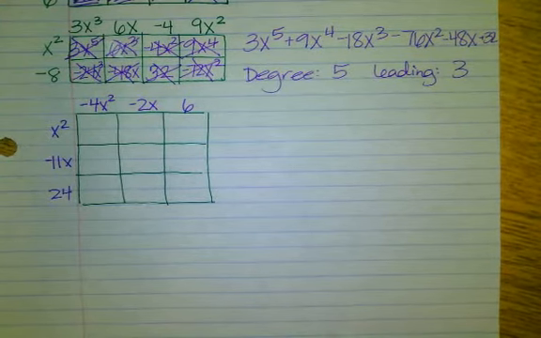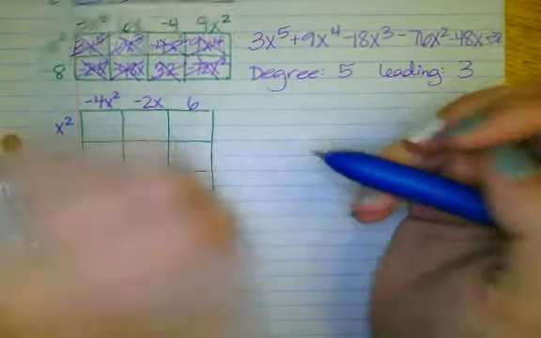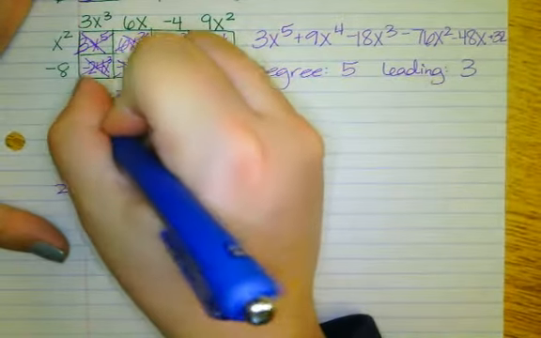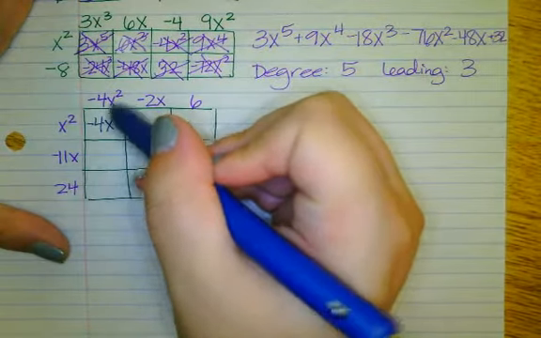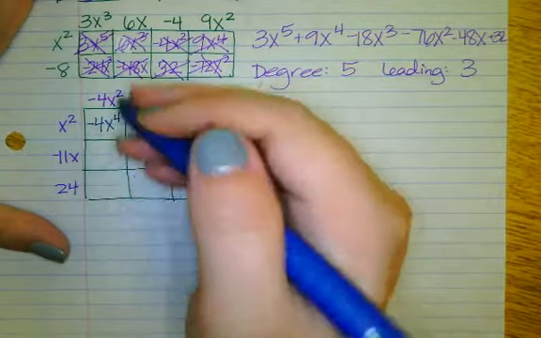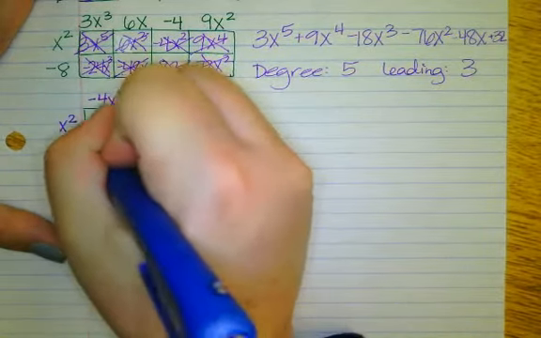Alright, let's start filling this in. Okay, I have negative 4x squared times x squared. Very good, and let's go down. So negative 4x squared times negative 11x. Awesome. Keep going. Negative 4x squared times 24.